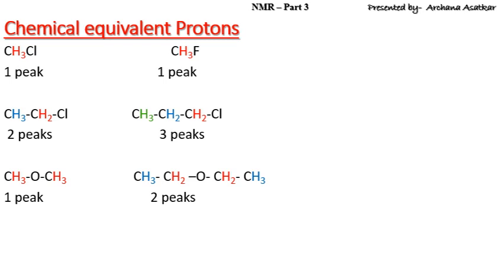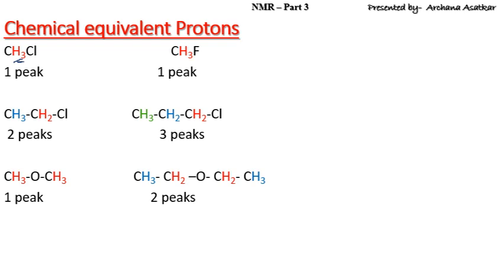So here we will try to understand what chemically equivalent protons are. I am taking a few examples. Let us see the example. This is CH3Cl. In this molecule you can observe that three protons are attached with carbon, and this carbon is attached with chlorine, and all three protons have the same chemical and electrical environment.